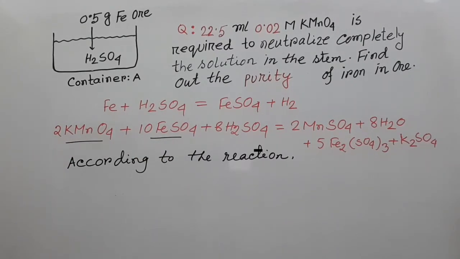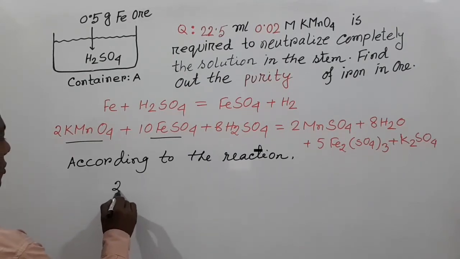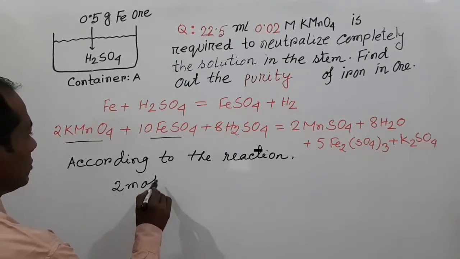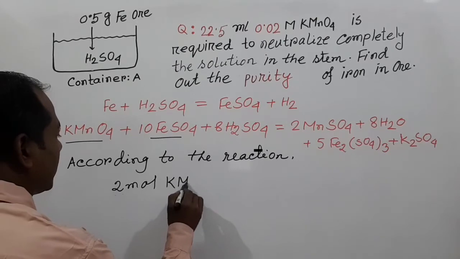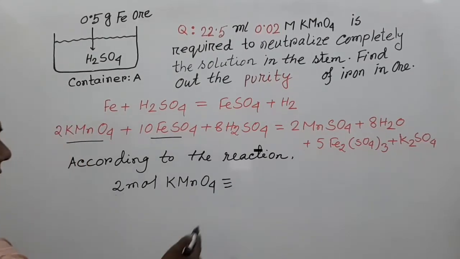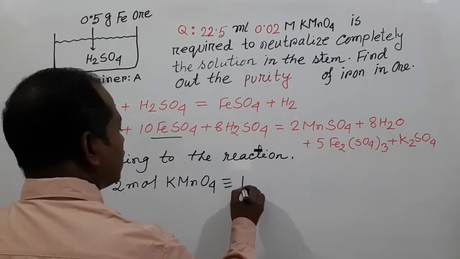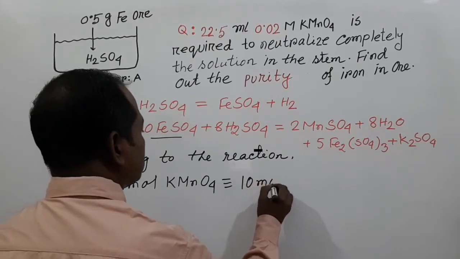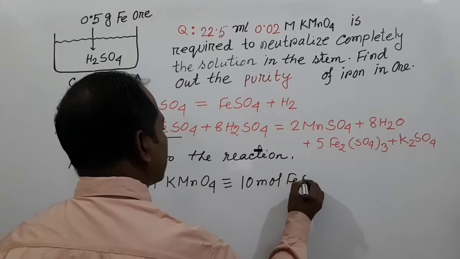So, my dear students, we can write 2 mole potassium permanganate is equivalent to 10 mole ferrous sulfate.